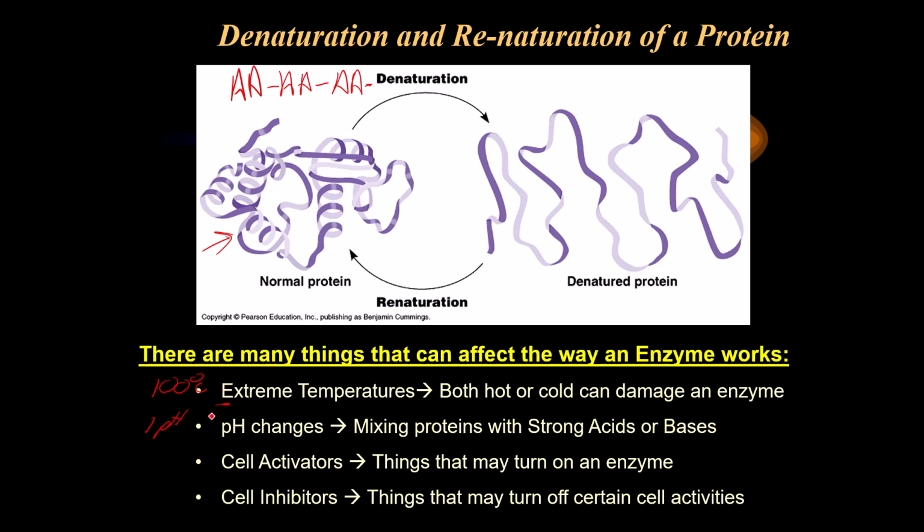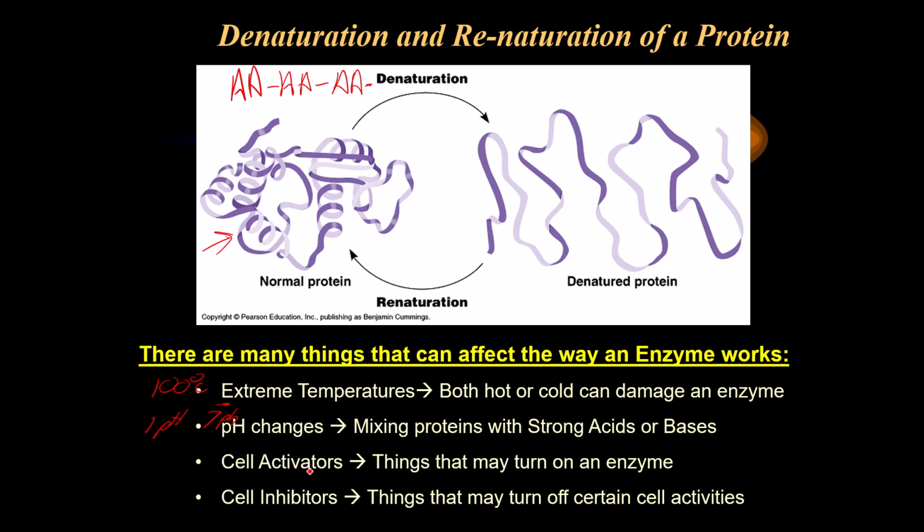If you go more neutral, like a pH of 7, they are no longer happy. It just depends on what pH they like. Kind of the same thing with temperature: some like it hotter, some like it colder. They all have a certain range that they work best in.